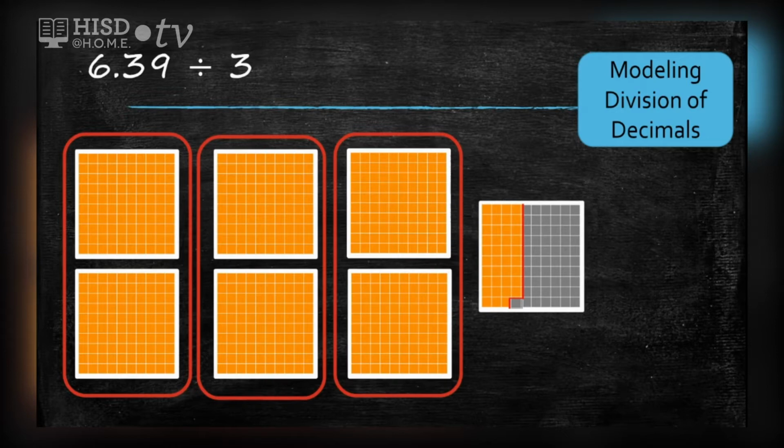And now my job is to divide the decimals into 3 equal sections, which will give me 13 hundredths on the decimal side. That means that my division is going to be equal to 2.13, and that's the result of the division of decimals.